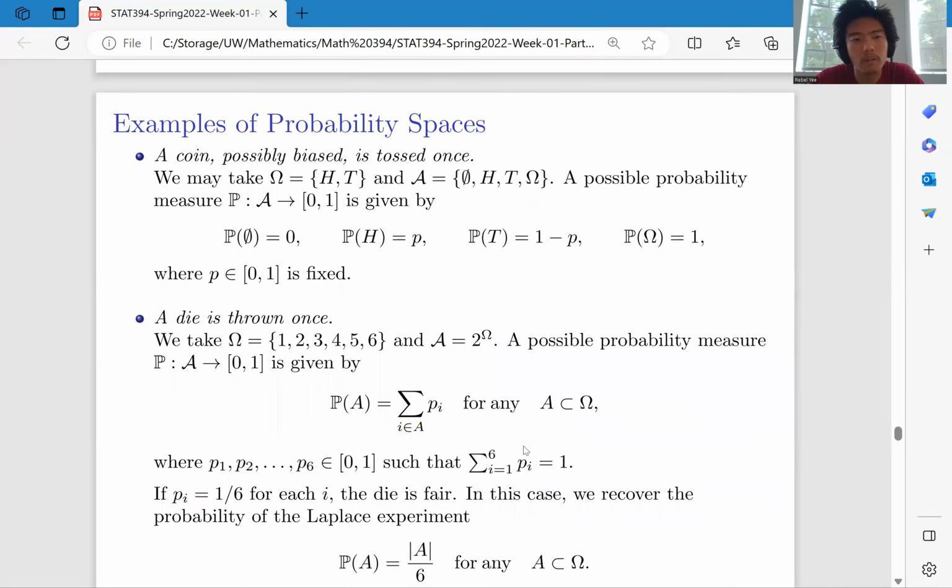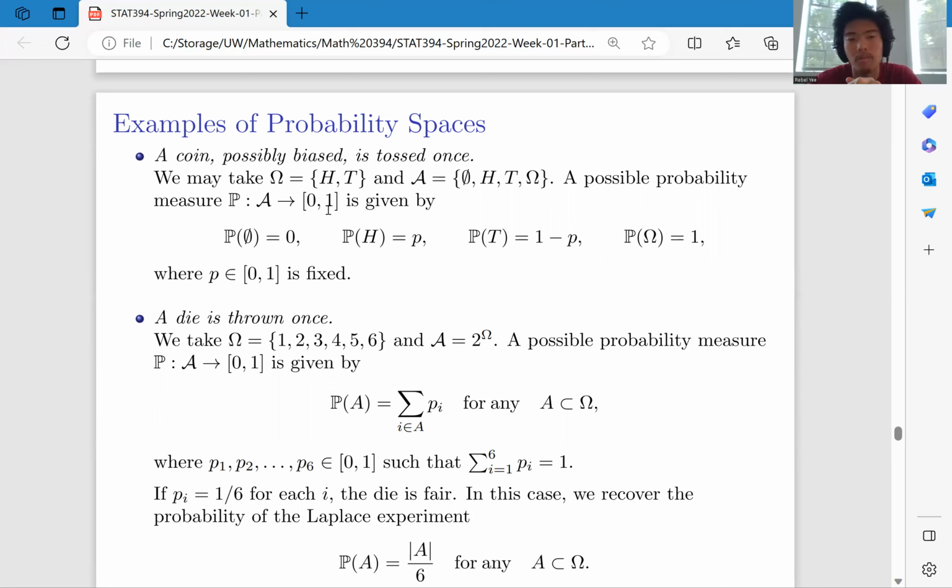So now we'll give you an example of a coin toss. Here we take the sample space to be H and T, and of course in this question, the set of events is these 4 elements. If we want to find a probability, it is taken from the set of events to this range, because all probabilities must be greater than or equal to 0 and smaller than or equal to 1.